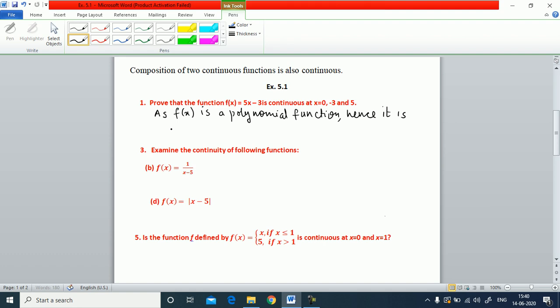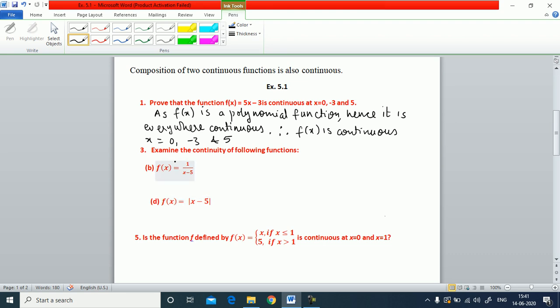So if it is everywhere continuous, then because we have to check the continuity at 0, minus 3 and 5, we can directly write, therefore f(x) is continuous at x equal to 0, minus 3 and 5. We are not checking the continuity at these points. Just by the nature of the function, we can conclude whether the function is continuous or not.